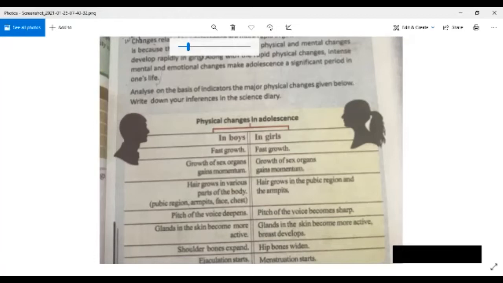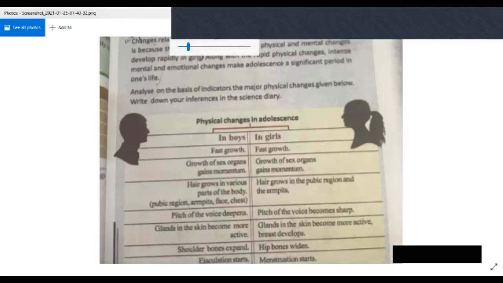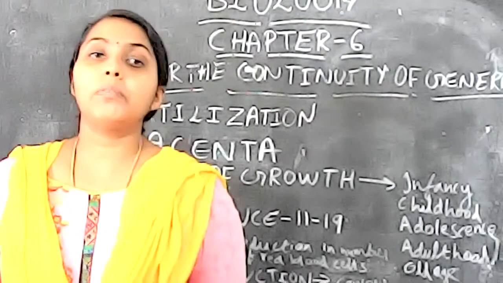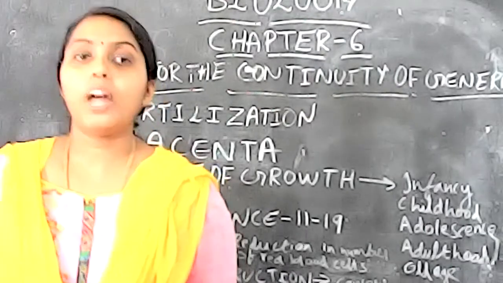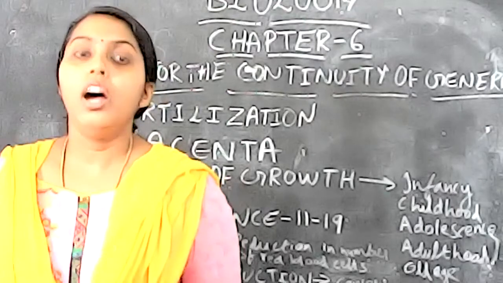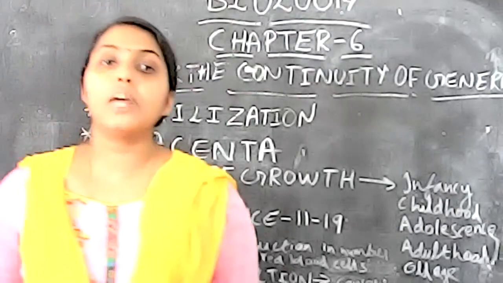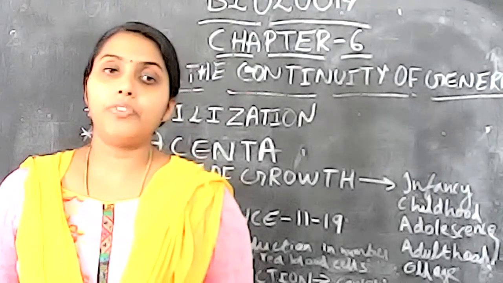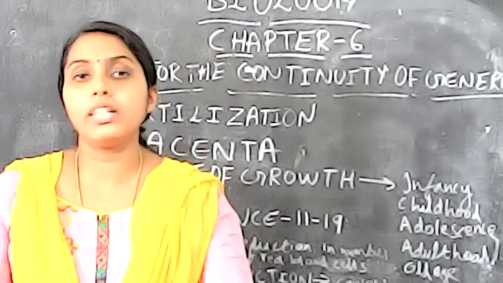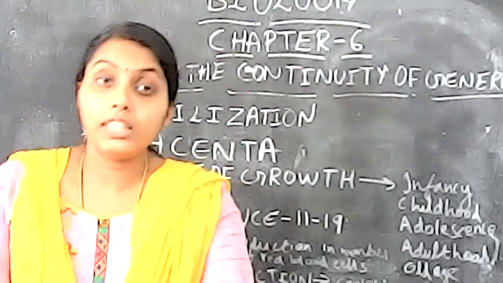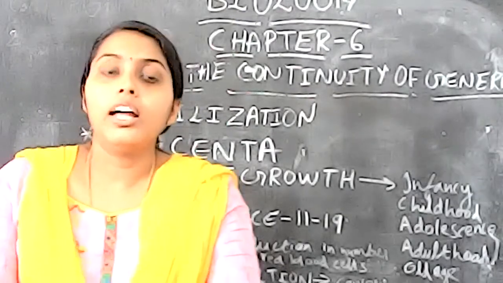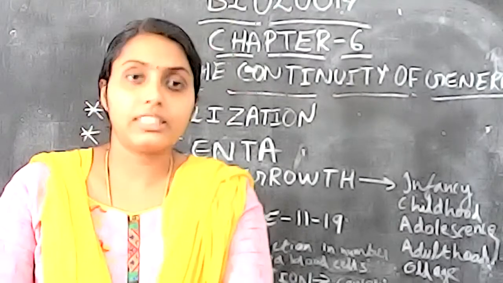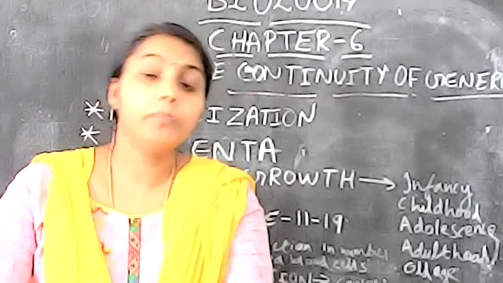This is about the physical changes happening for boys and girls during the adolescent period. It is a more challenging period because rapid changes are happening, and the changes are more in girls than in boys because the area of the brain that controls development is developing very fast in girls.